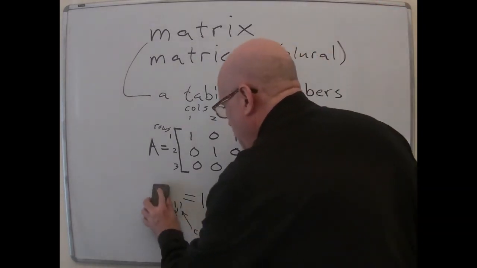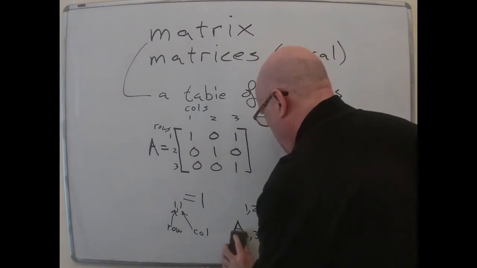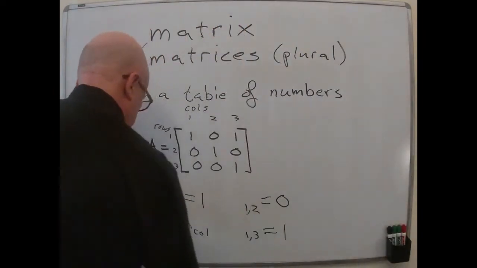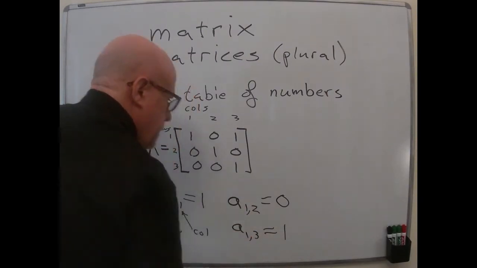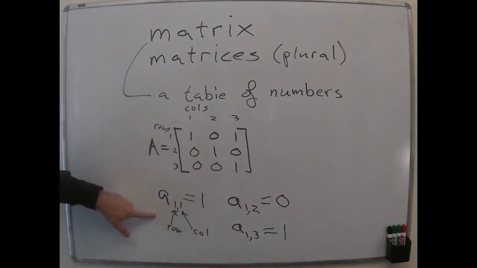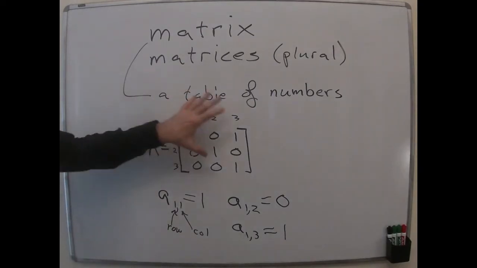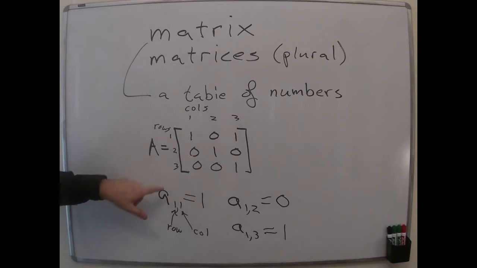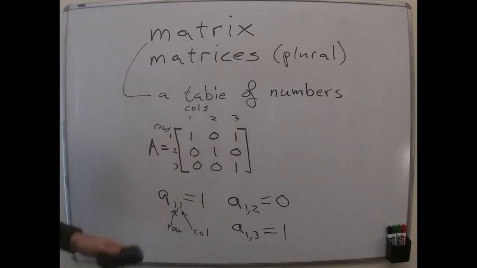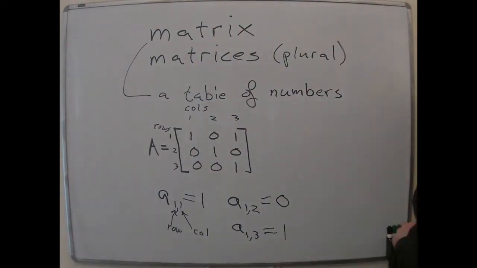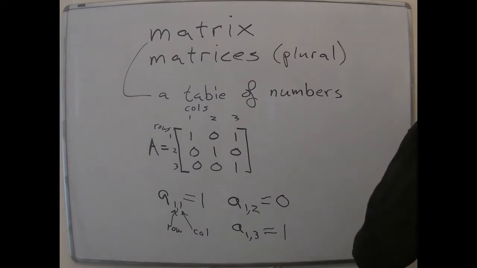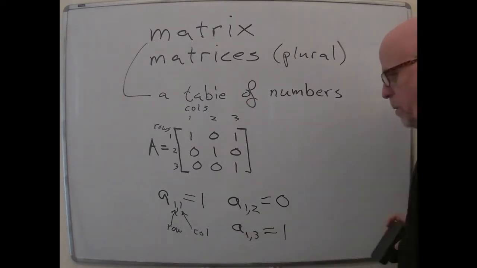That should really be little a's here, here, and here. Little a entries go with big A as the matrix. It's a way to refer to the whole table versus a way to refer to the individual entries in it. I'm not going to fill out the rest of the entries, but it's certainly something that I think everybody can handle. Just remember this: rows first, then columns.